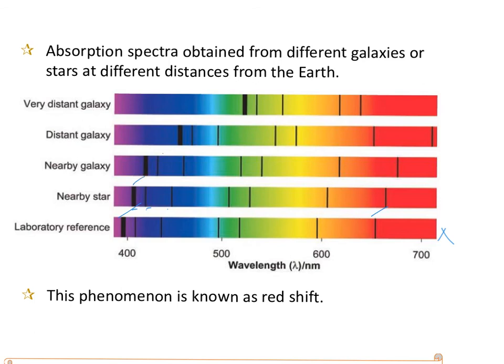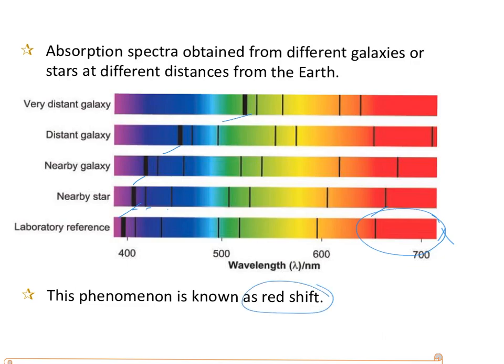So they've moved towards the red. The further away the galaxy is, the further away the star is, the more pronounced the shift is. The more pronounced the shift means they're moving faster, but it's gone to the red side. That means frequency has decreased, the wavelengths are getting bigger, so it's moving away from us.